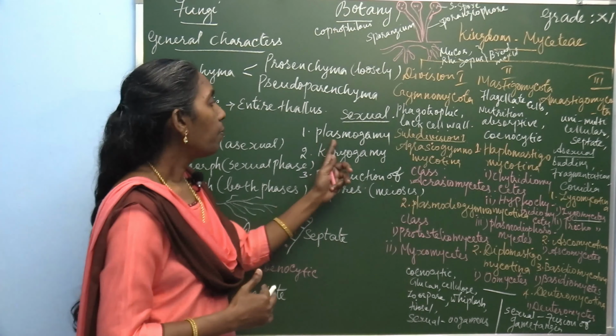Amastigomycota. Commonly, the fungus is achlorophyllous. Compared to all the other plants, there is a great difference among fungi because they lack chlorophyll.